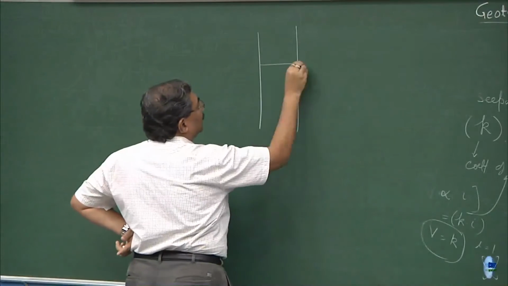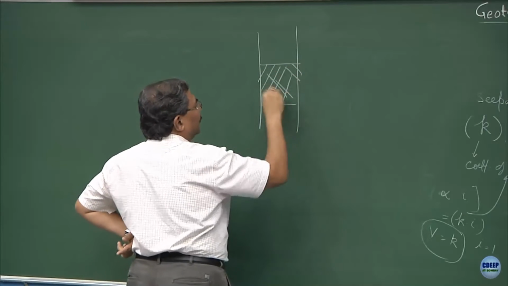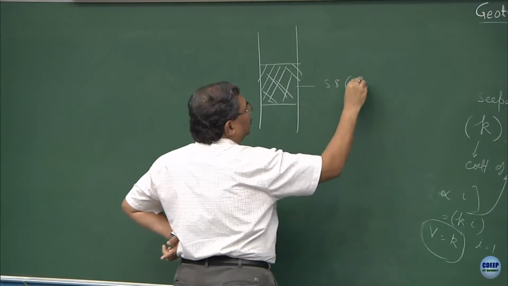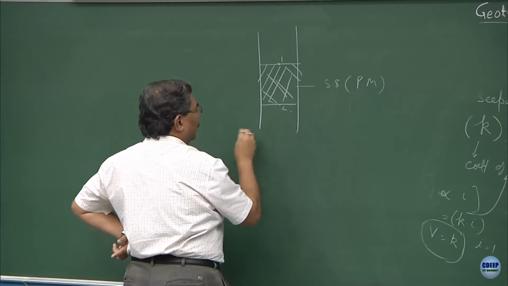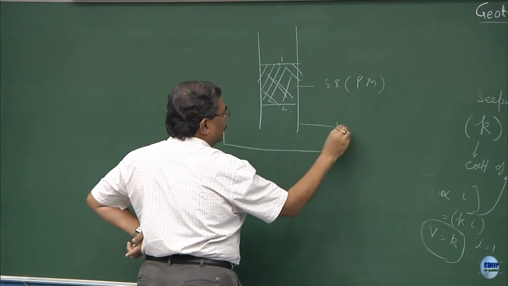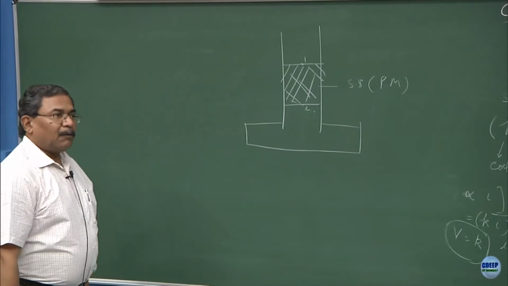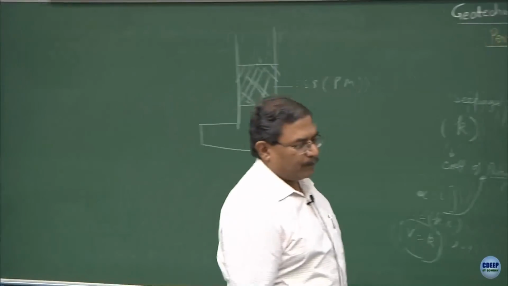This is a glass tube and I am filling up the sample over here. This is the soil sample, porous media. This is your point number 1, this is your point number 2, clear, and this is kept in the water bath. Come out of all confusions, simplify things.